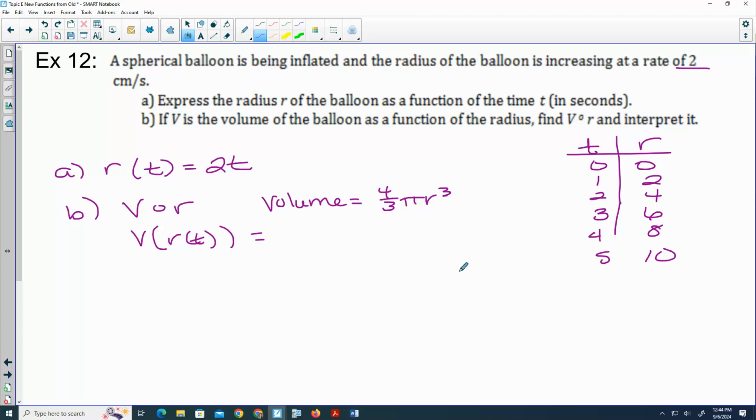Okay, so if I'm asking for V composed with R of T, all I'm asking you to do is take the formula we just found for R and plug it into this formula. So my R is 2t.